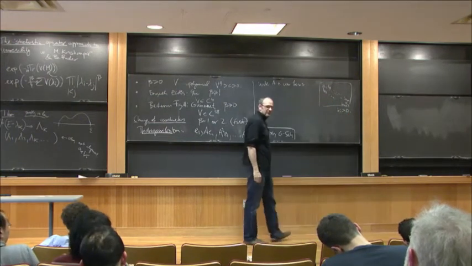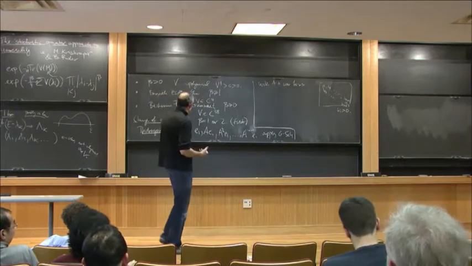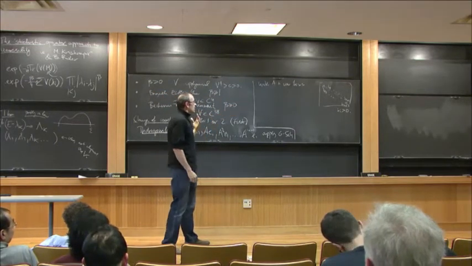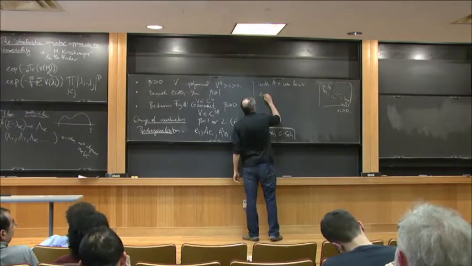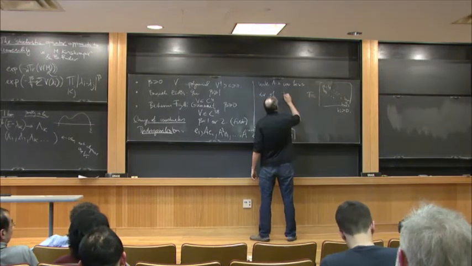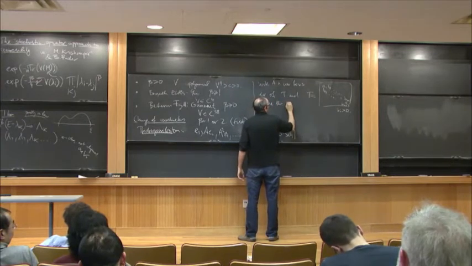The a_i can be anything. And of course, since you wrote your original matrix in this new basis, the eigenvalues have not changed. So the eigenvalues of T and A are the same.